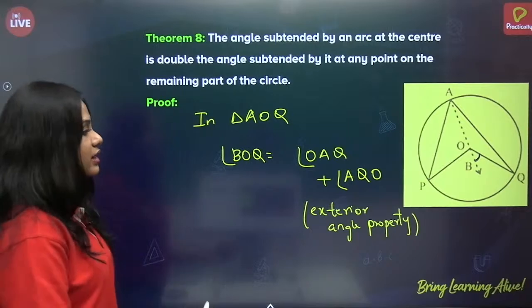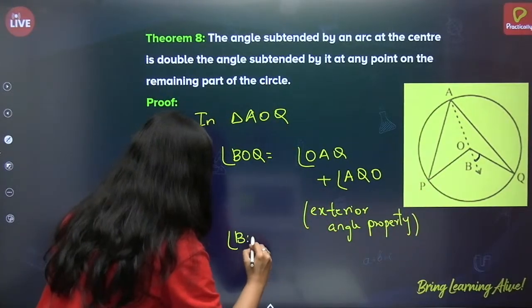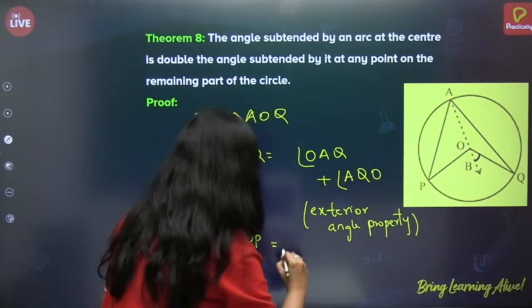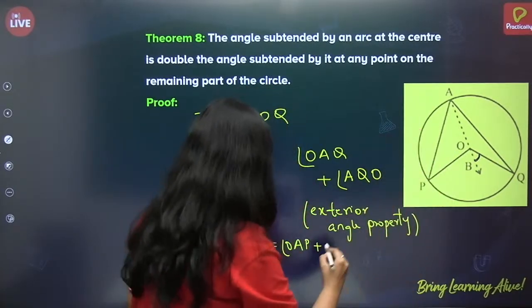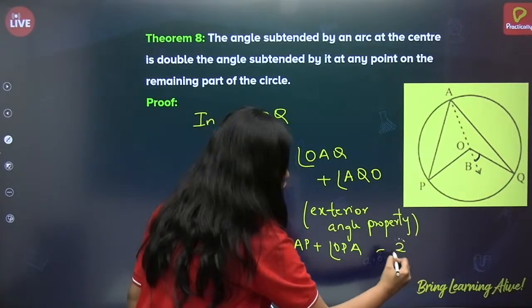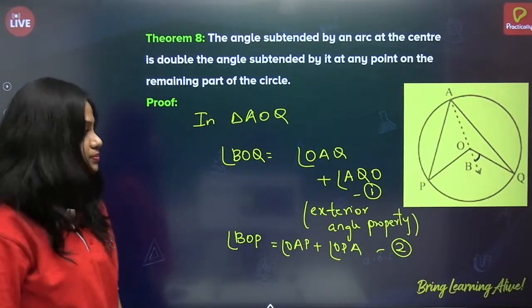Right? Now same goes with the other case as well. Angle BOP is equals to angle OAP plus angle OPA. Now this is my equation 2 and this is my equation 1. All right.